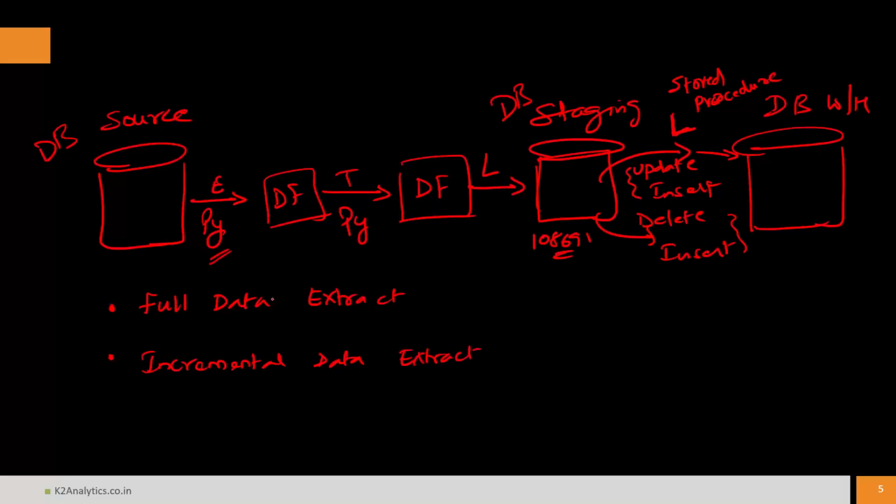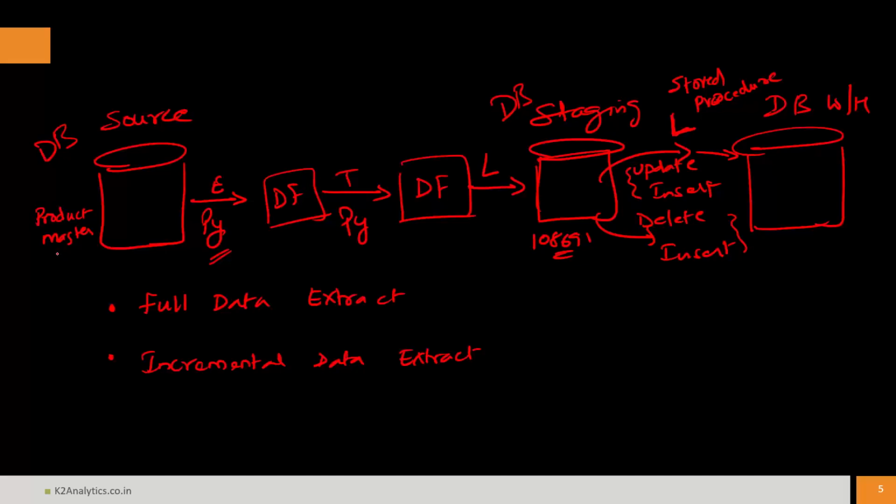Now, when we talk of data extract, see, if we are trying to extract data which is, say, a master file, a product master. Product master typically will be a small table.